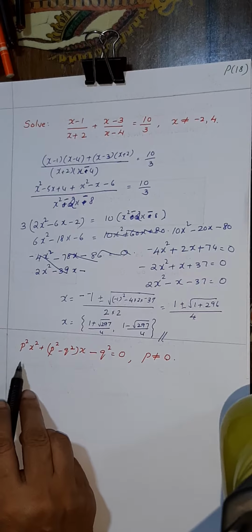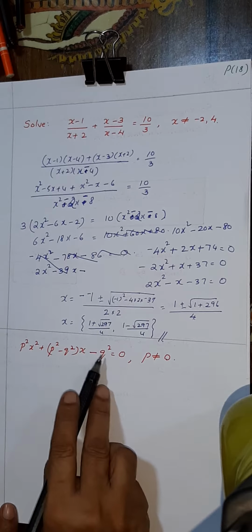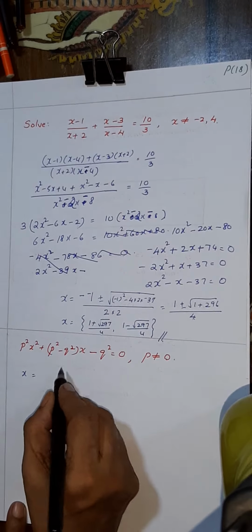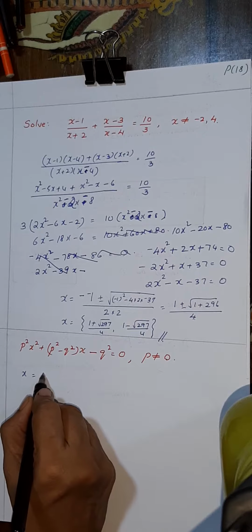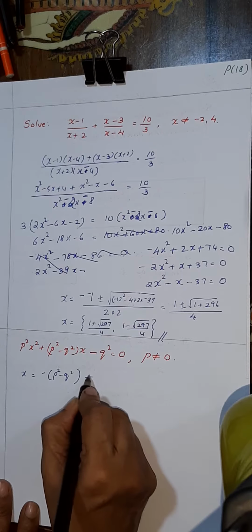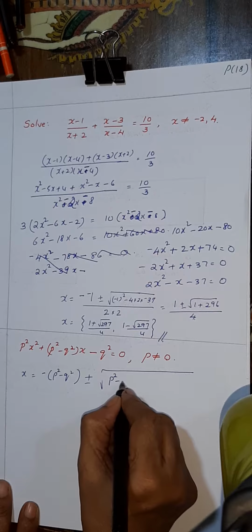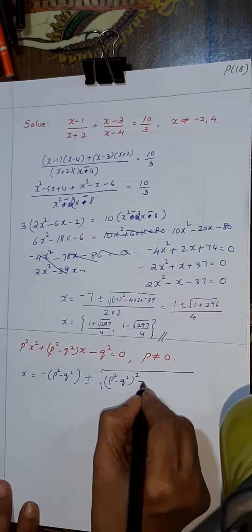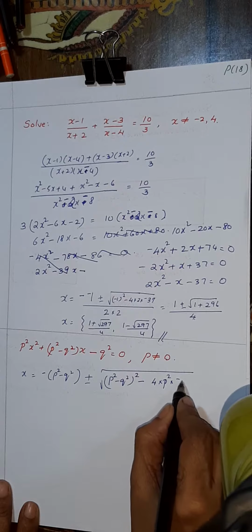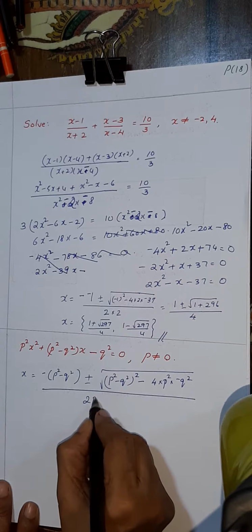Now here the coefficient of x squared is p squared, the coefficient of x is this, and this is the constant. Now using the formula x is equal to minus b, so minus b will be minus of p squared minus q squared, plus or minus root of b squared, which is again p squared minus q squared the whole squared, minus 4 into a, which is p squared, into minus q squared, by 2a. 2a is 2p squared.